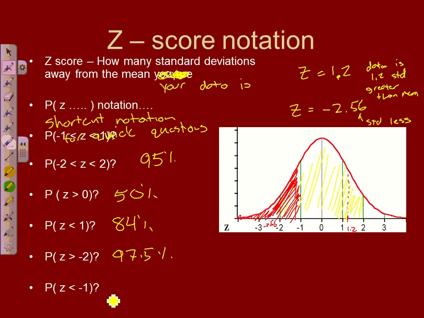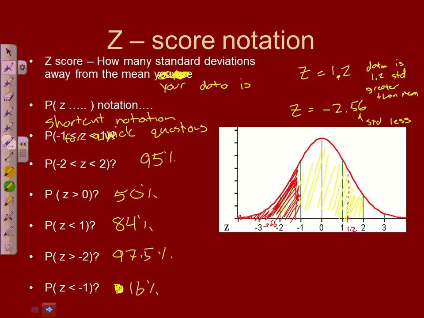What do we get? 16%, right? 50% is to the left of 0. 34% is between 0 and negative 1. This is 16. Okay? Cool.